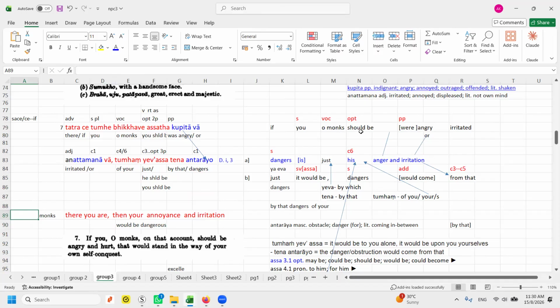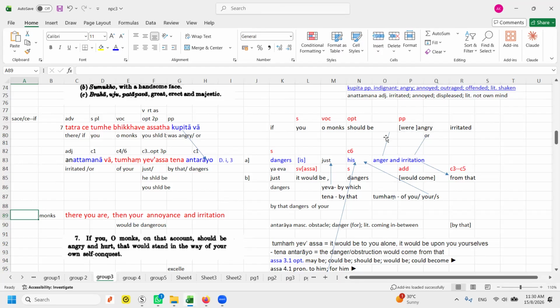If you monk, you cannot use this and this together. Should be angry or were angry. So rather you throw this away. Now, were angry or irritated. So these two cannot be used together. Should be angry or irritated.